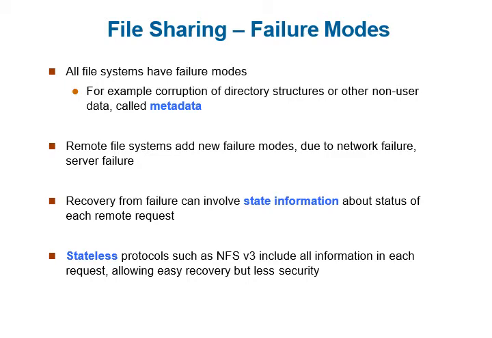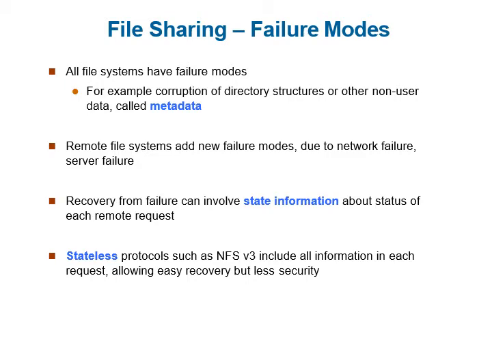And when you try to control a file remotely, we need to concentrate on new failure modes: network failures and server failures. These two are yet other possibilities that happen in a remote file system.